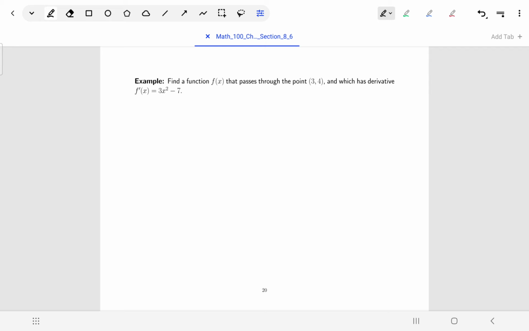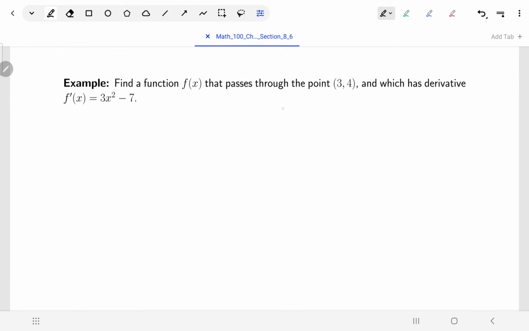Okay, let's do another one. We want a function that passes through this point, 3, 4, and it has derivative f prime equal to 3x squared minus 7. So if we're thinking about y as being our function f of x, then we know that if it has the derivative of 3x squared minus 7, then y, or f of x, should be the indefinite integral of 3x squared minus 7.